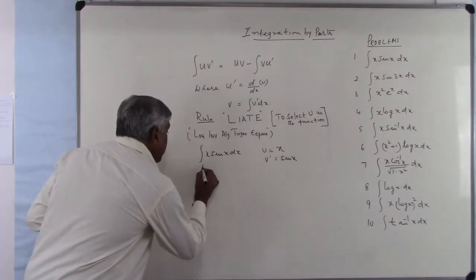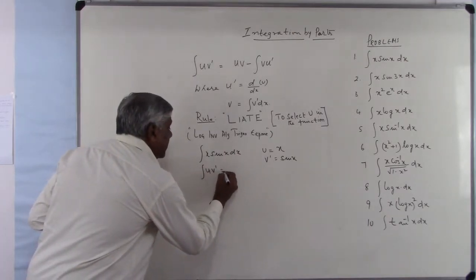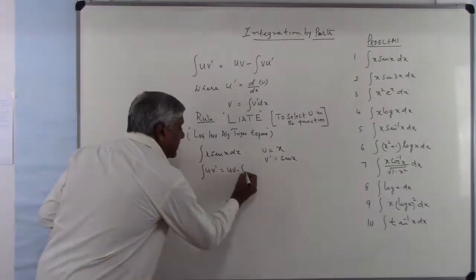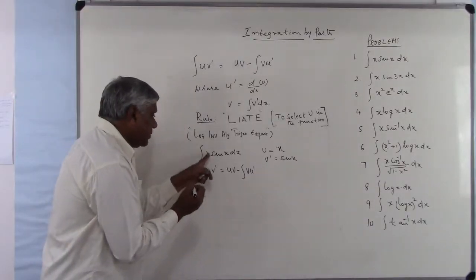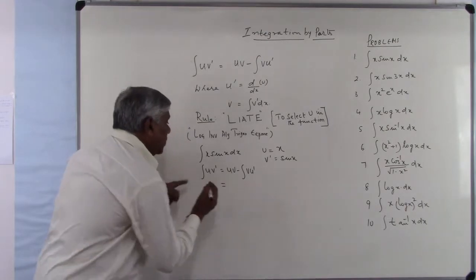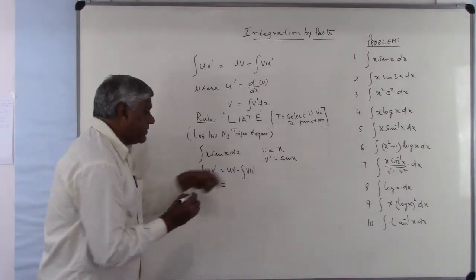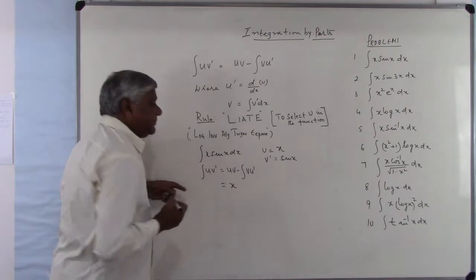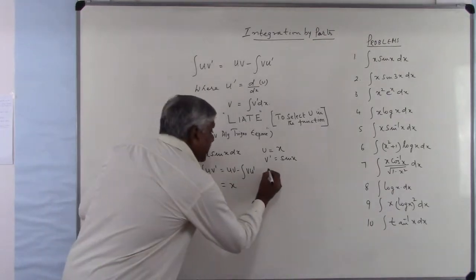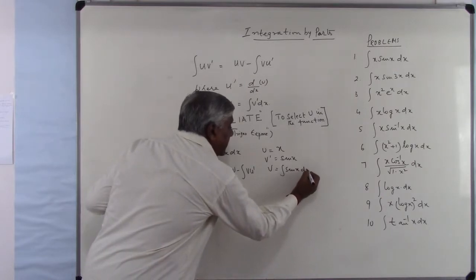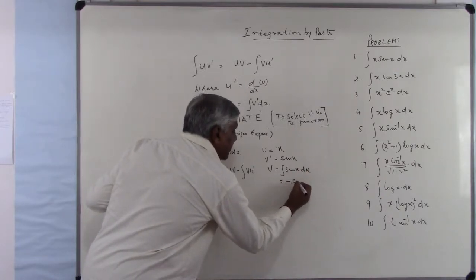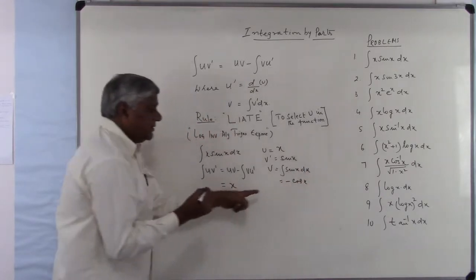So, integral uv dash is equal to uv minus integral vu dash. Are you following? So this is equal to u, which is x, I have selected. Now, v is equal to integral sin x dx, so sin x dx is minus cos x.